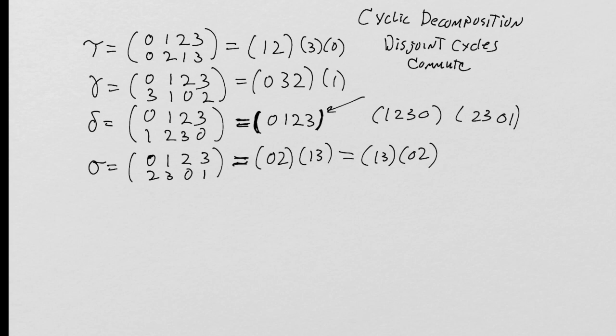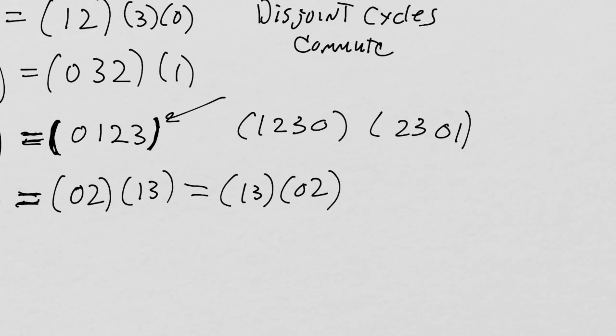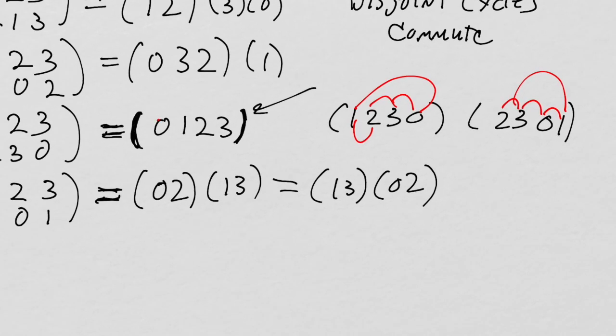It's the same process, right? If we look at any of these, what we see is 2 goes to 3, 3 goes to 0, 0 goes to 1, 1 goes to 2. So those are all the same.